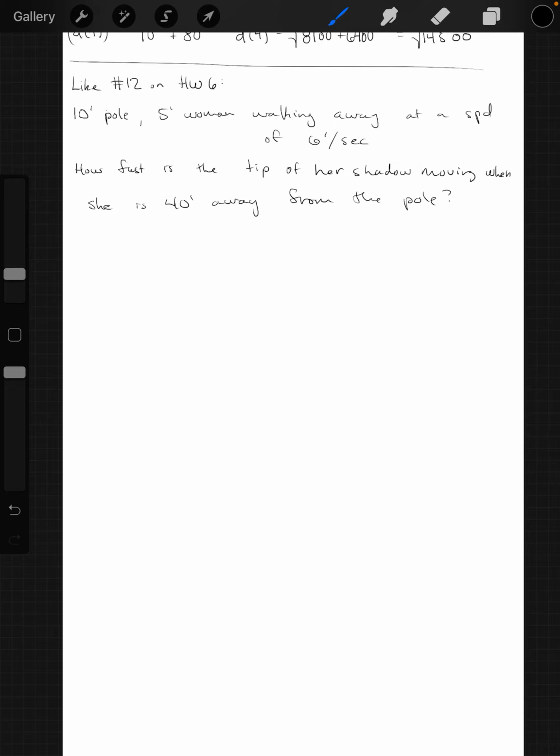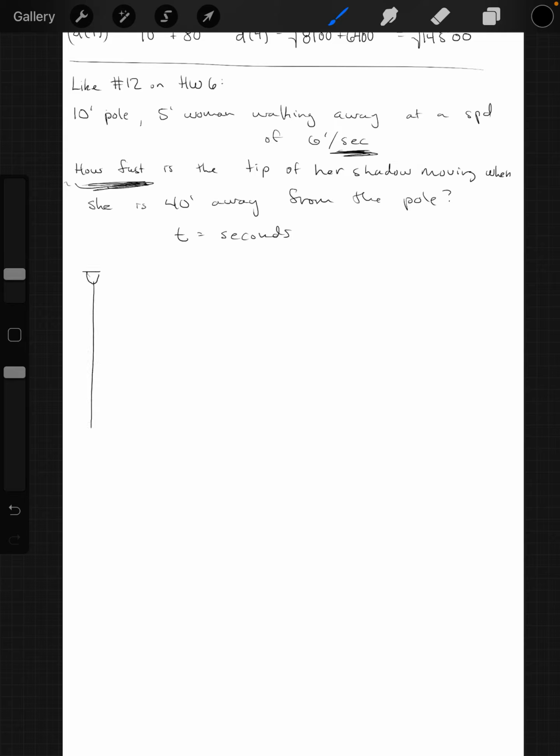Right? So, how fast means we're dealing with a rate. All of our things are in time, both fast and per second. So t is going to be seconds. It's not going to matter too much in this problem, but it's always a good thing to note down.